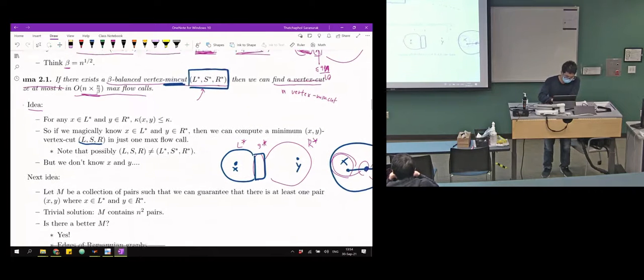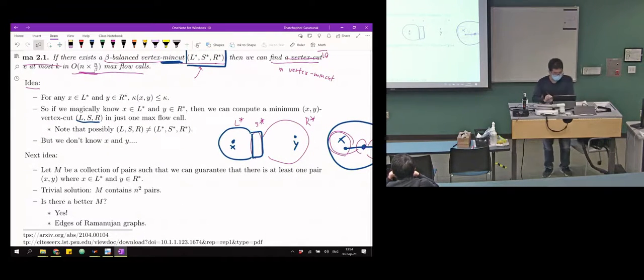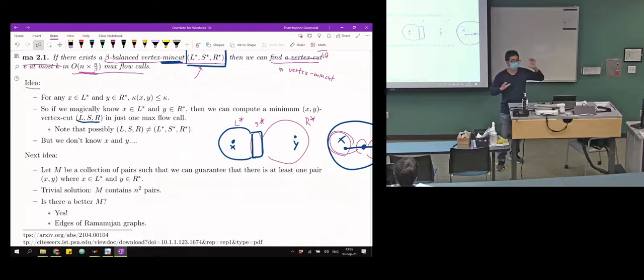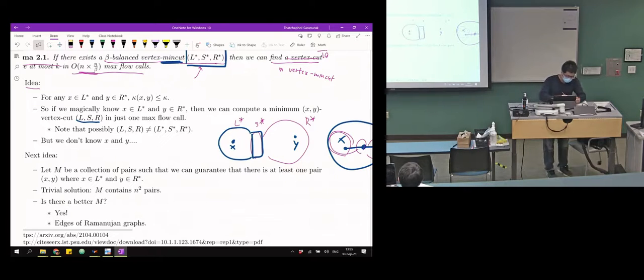So now the idea is we want to construct some collection of pairs X and Y, such that at least one pair X, Y will be on different sides of the cut. But how do we know that kappa of X, Y is equal to kappa?